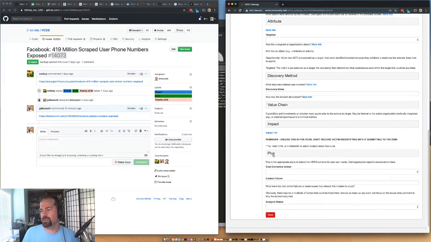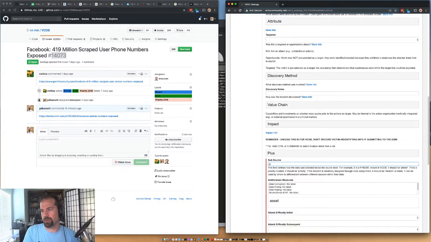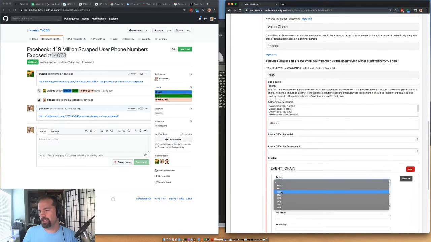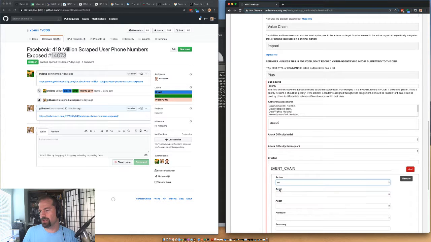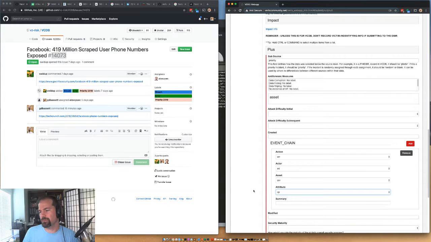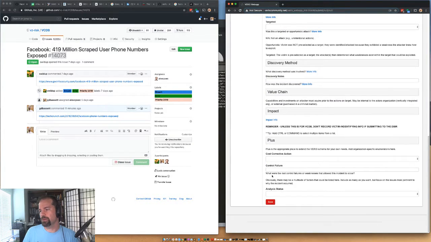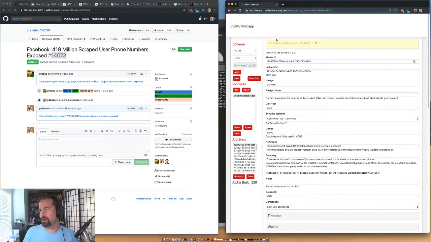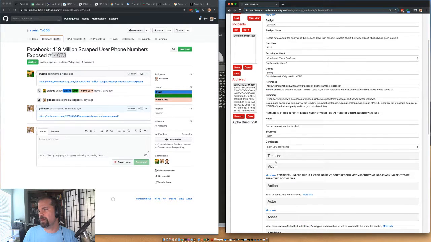The victim didn't do anything about it. This was a priority assignment because of the number of records, and the value chain was an error by an internal actor on a server that led to compromise of confidentiality. So we'll close that down. Market validated. We forgot timeline, incident month. I didn't think that was required.